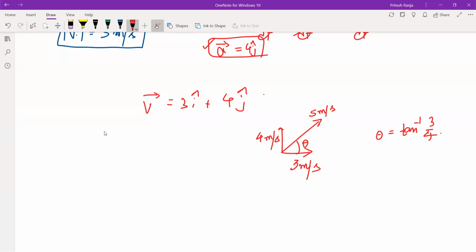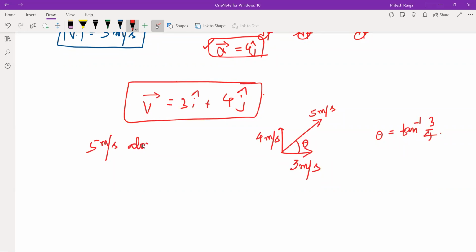So if I also say velocity is 5 meter per second at an angle 53 degree with respect to x-axis, this is also right.